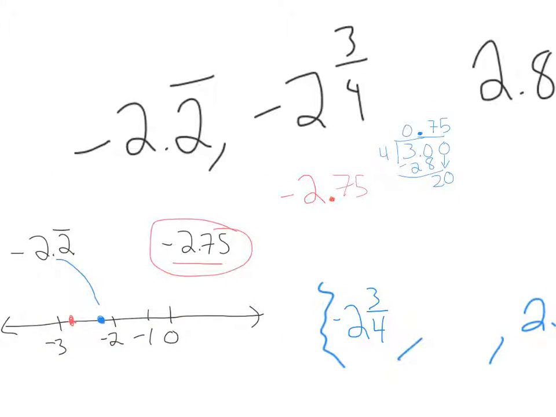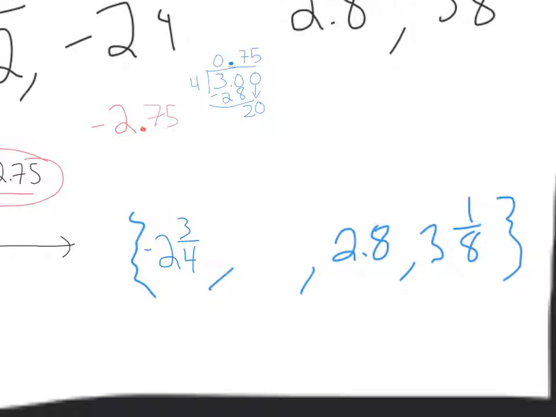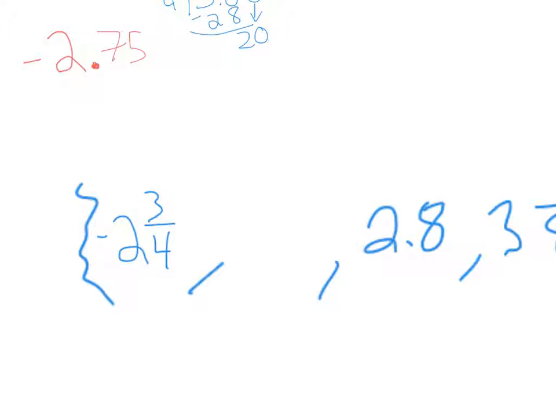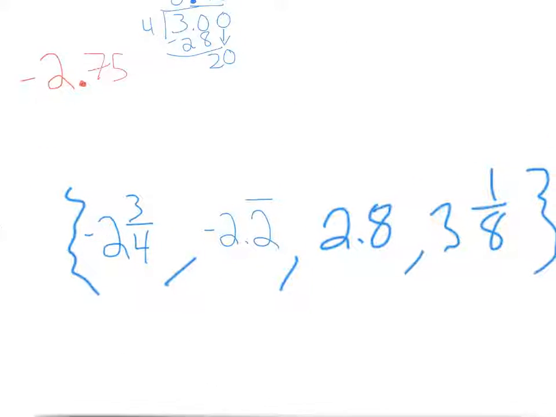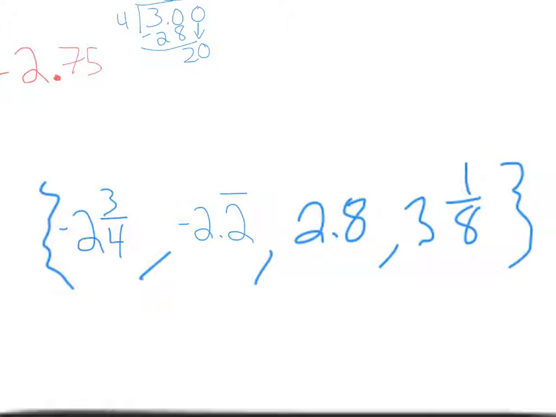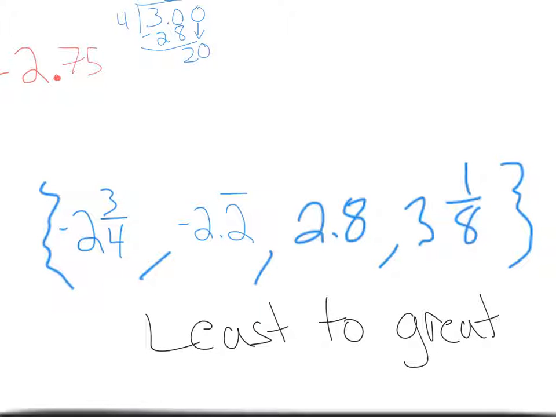And then negative 2.2 repeated is your larger number out of those two. Okay, so now we should have all of our negatives on the left, all of our positives on the right, since we are going least to greatest. Okay, that should do it.